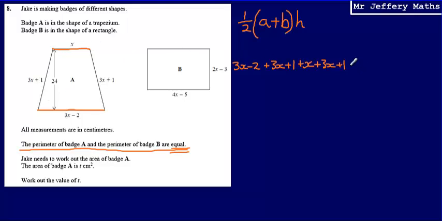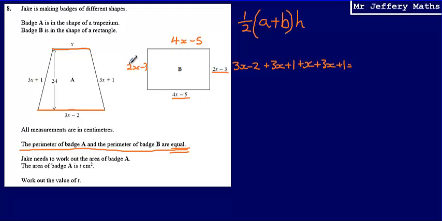And that is going to be equal to the perimeter of this rectangle. The perimeter of this rectangle, again, we'd work out by adding all of the sides together. Now it looks like we're missing a couple of sides, but obviously because it's a rectangle, that length there would be the same as that length on the top. And this length here is going to be the same as this one here.